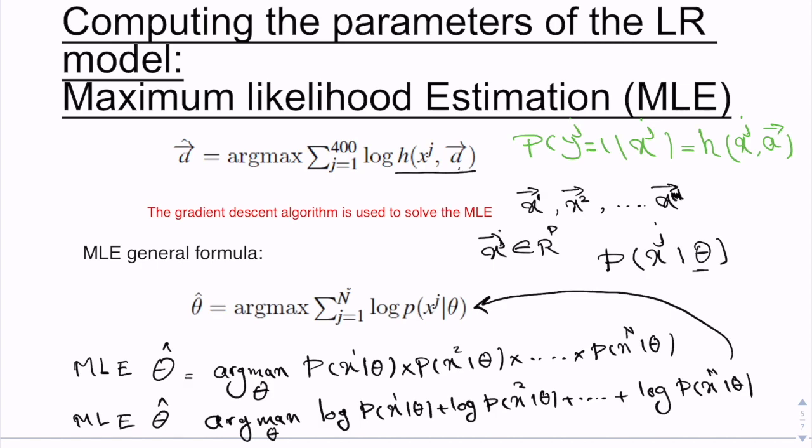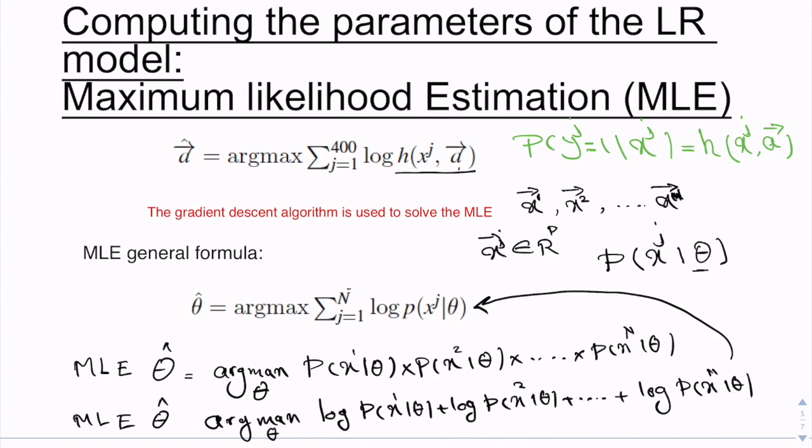Note that the likelihood function is not a probability, it's a function of the parameters. What is unknown here is the parameters you want to find. So you can consider the likelihood as a function of the parameters, and you want to find the value of the parameters that maximizes this function.